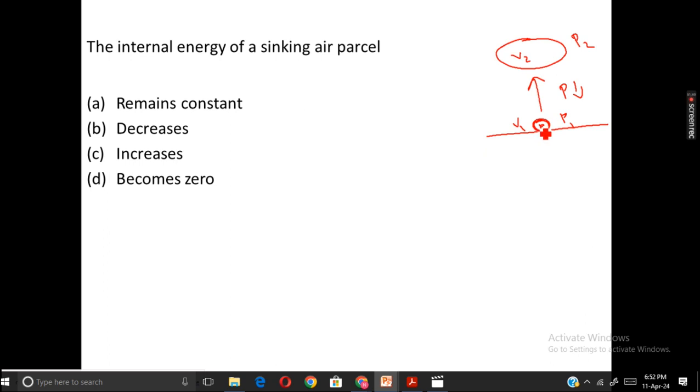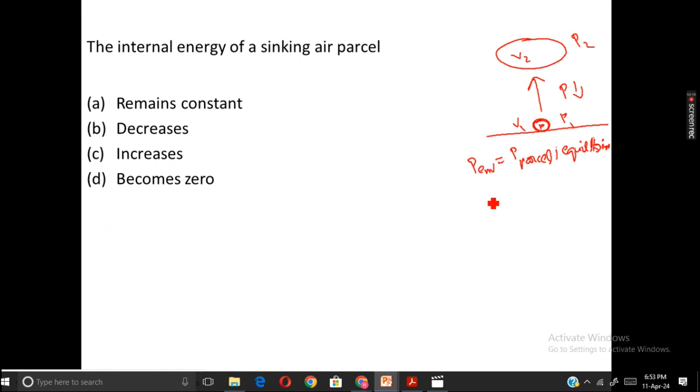So as the parcel is rising, the pressure of the environment and the pressure of the parcel should match each other. They should be equal to attain equilibrium.